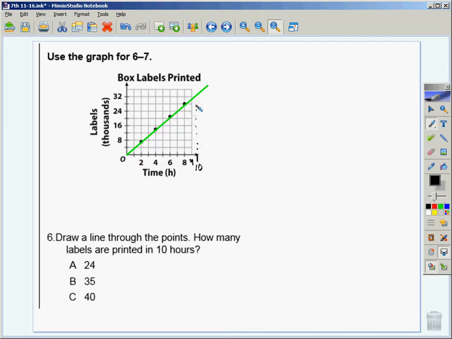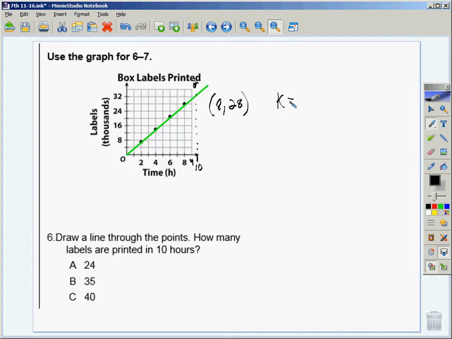Although I could have guessed at what this number would have been, the best way to figure it out would have actually been to write an equation for this. This was the same exact graph that we had in our homework one time, that we had on the review sheet. This point is the point (8, 28).